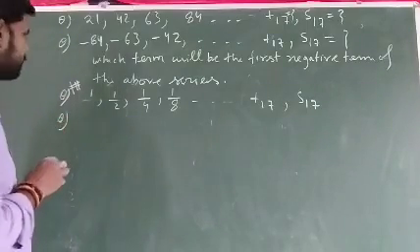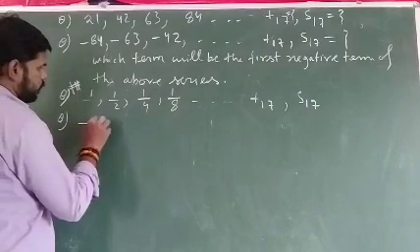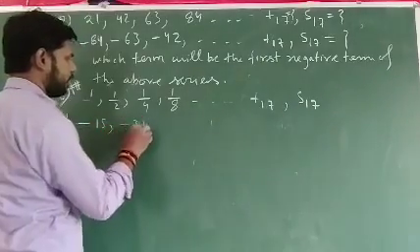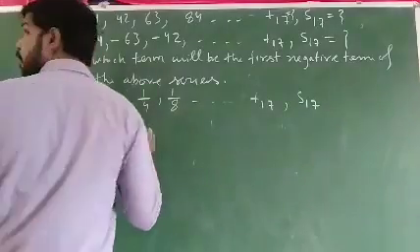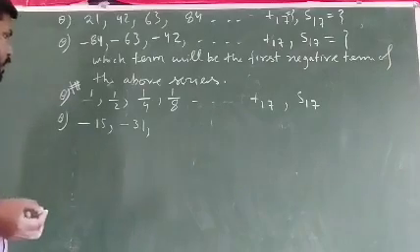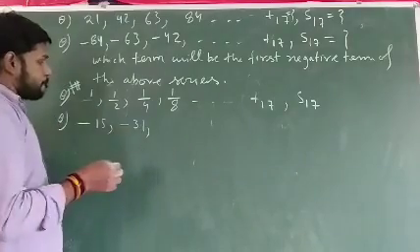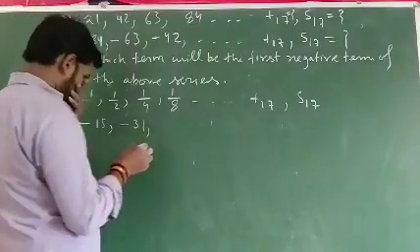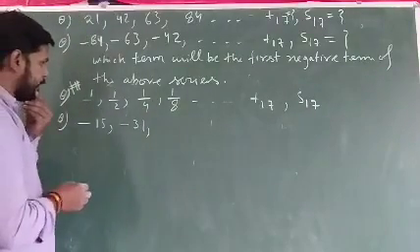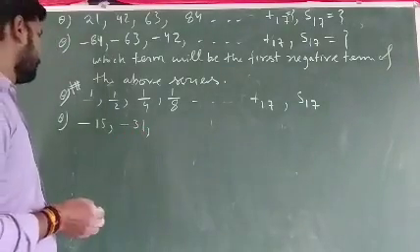Next, suppose we have the question as minus 15, minus 31, and we can write down minus 31, then we can have minus 15, then minus 31, and we can have 31.